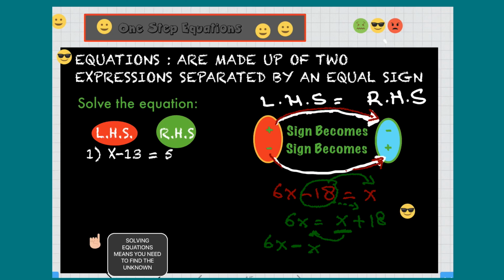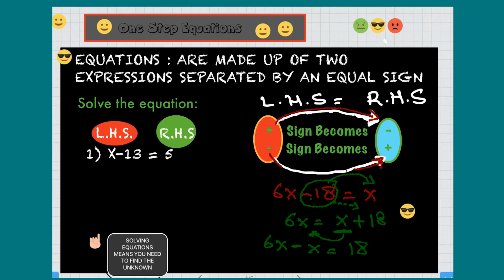Please always remember this rule: whenever you take anything in an equation from one side to the other, you have to change its sign. Minus 18 became plus 18, and the x was positive on the right side, so when I take it to the other side, it becomes 6x minus x. The sign changes.